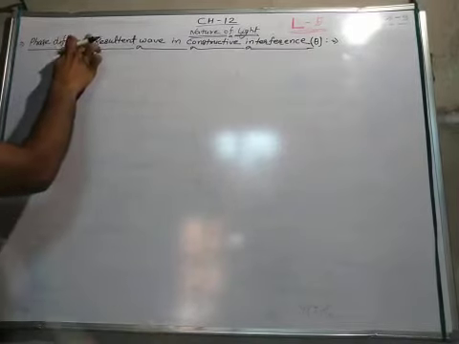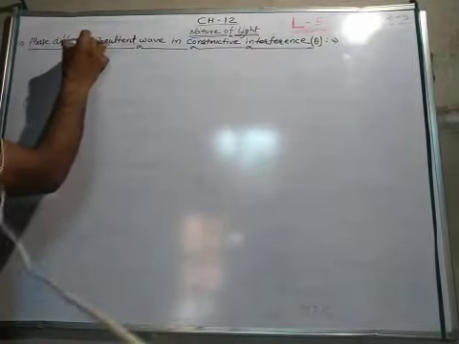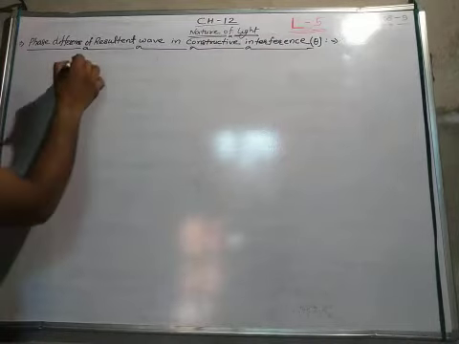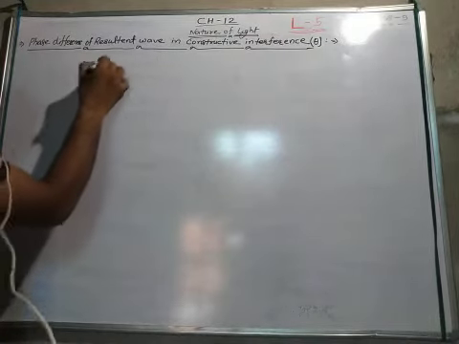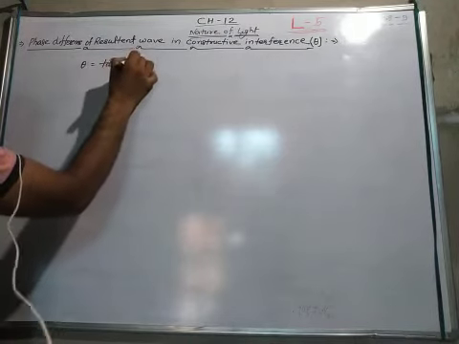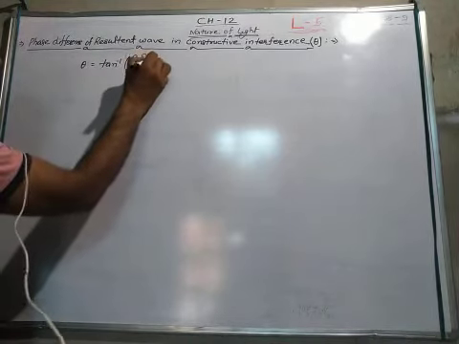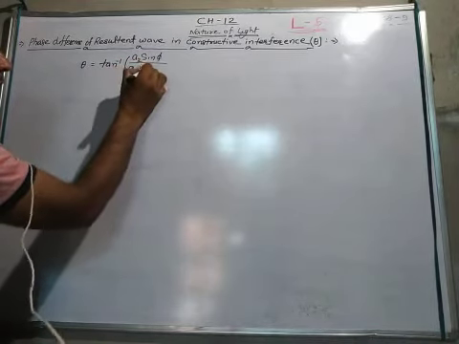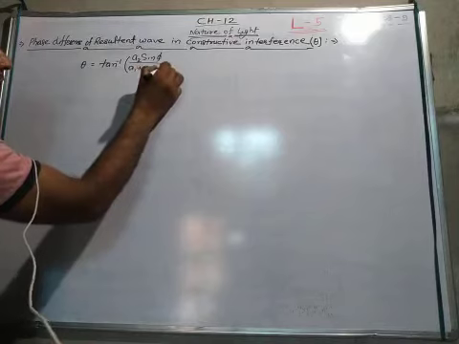Now we study about phase difference of the resultant wave in constructive interference. Now we use the formula of phase difference: theta is equal to tan inverse of A2 sin phi upon A1 plus A2 cos phi.